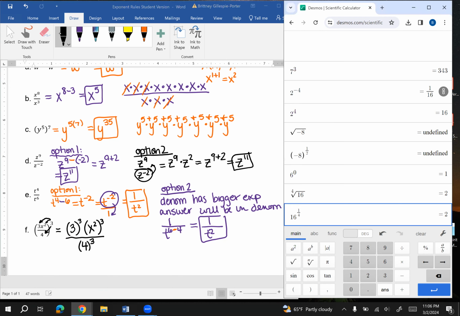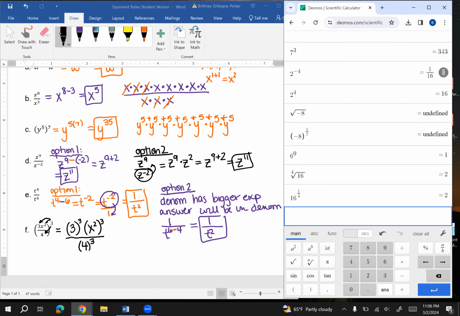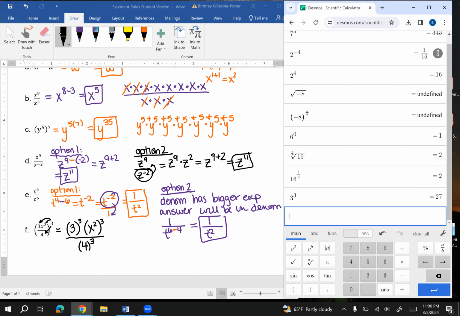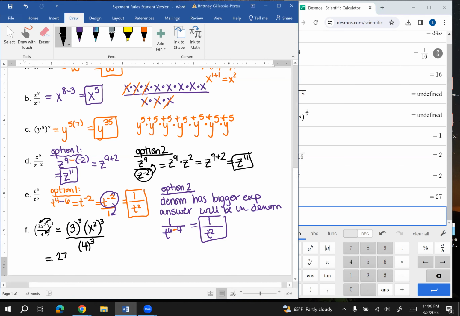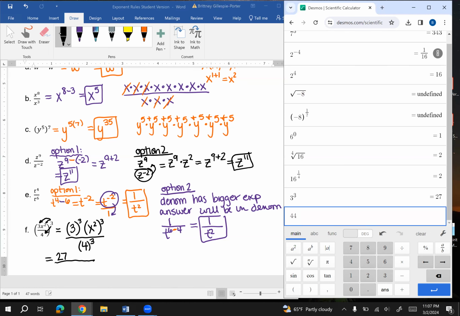Remember, we're not multiplying. This is an exponent. So if we do 3 cubed, we get 27. And if we do 4 cubed, we get 64.